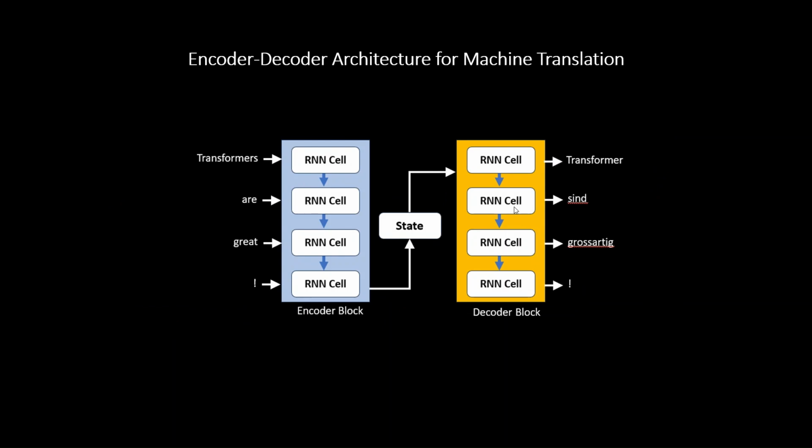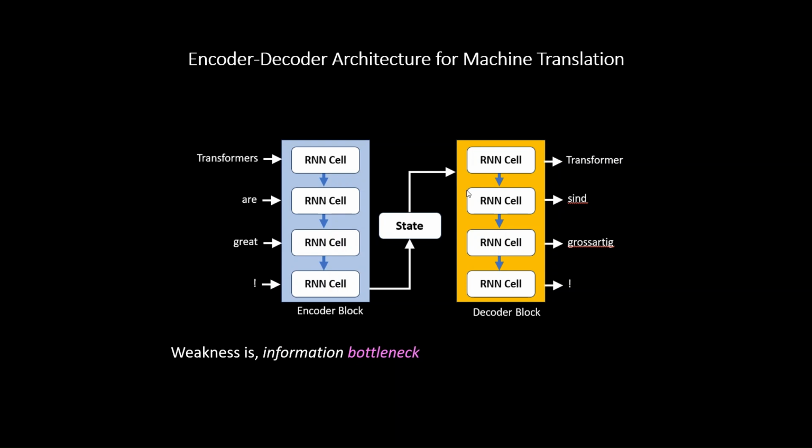The one weakness in this architecture is that the final hidden state of the encoder creates an information bottleneck, because the final hidden state of the encoder block is given to the decoder block. It has to represent the meaning of the whole input sequence, because this is all the decoder has access to when generating the output.